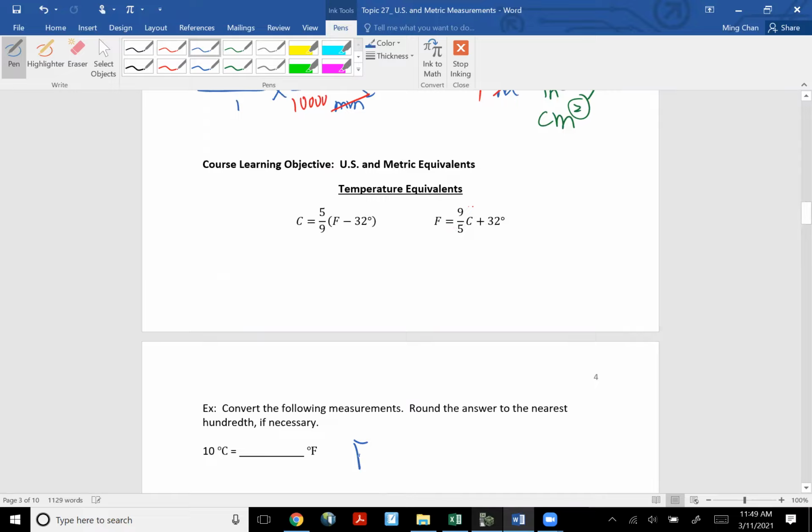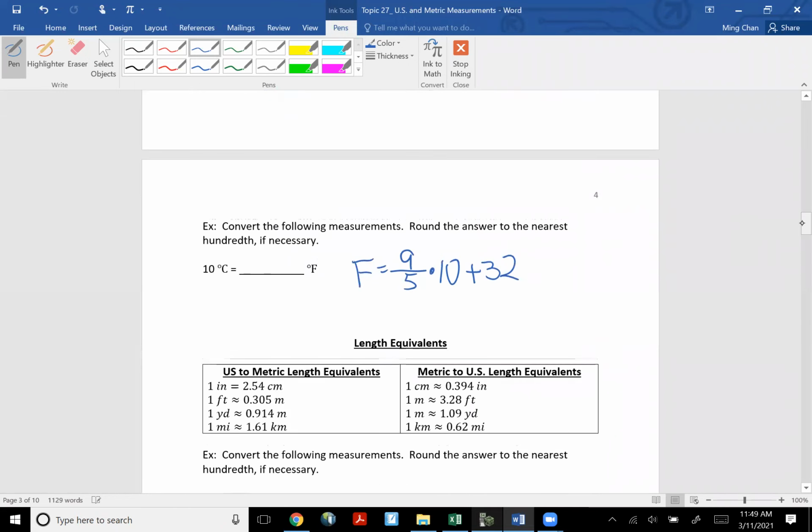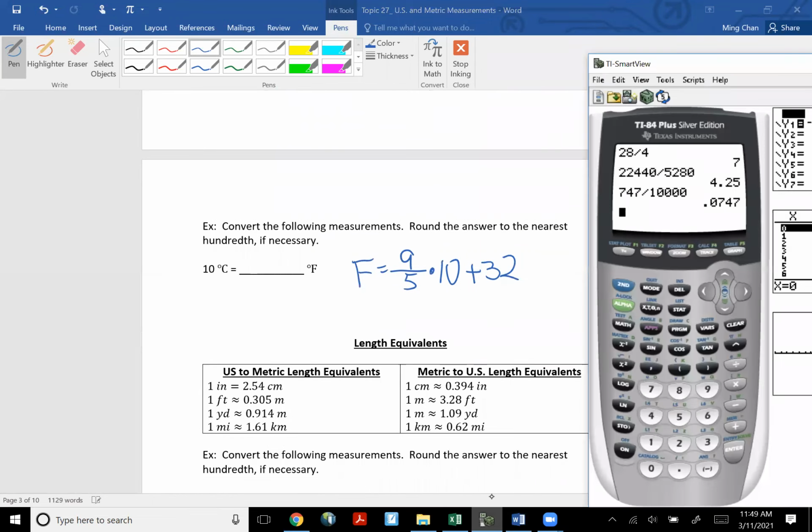Fahrenheit is 9/5 times Celsius, which is 10 degrees, plus 32. Right now this has two terms. So when I put it in the calculator, I have to make sure the plus 32 is outside the parentheses.